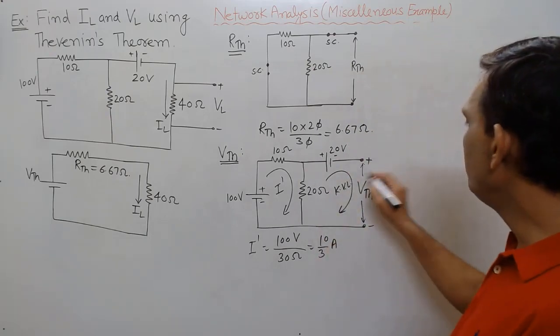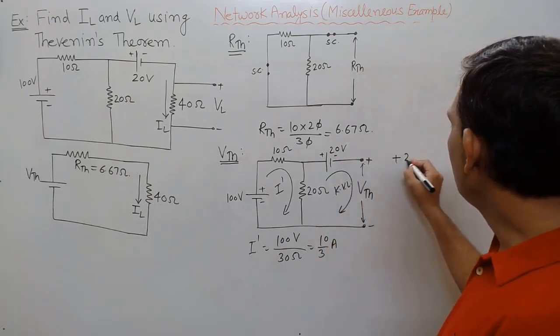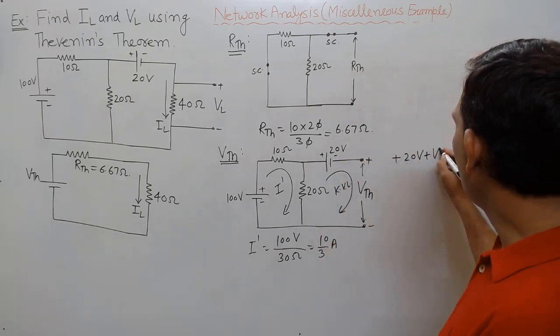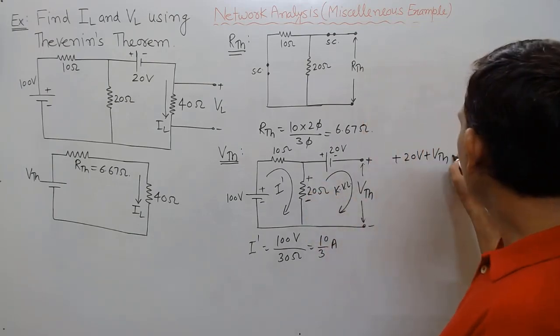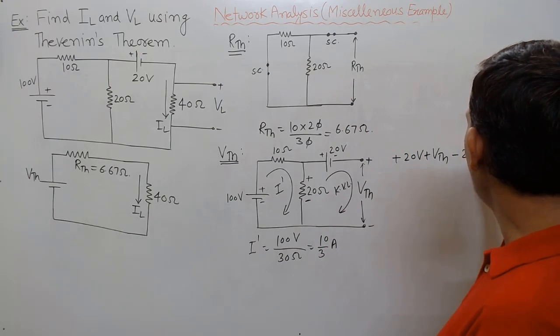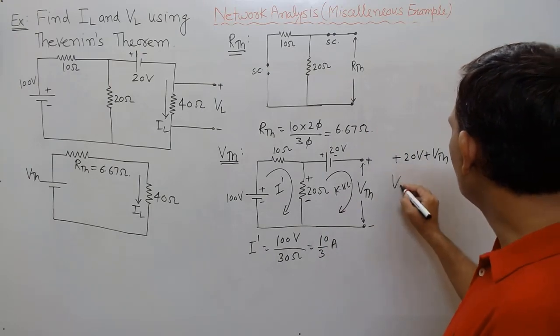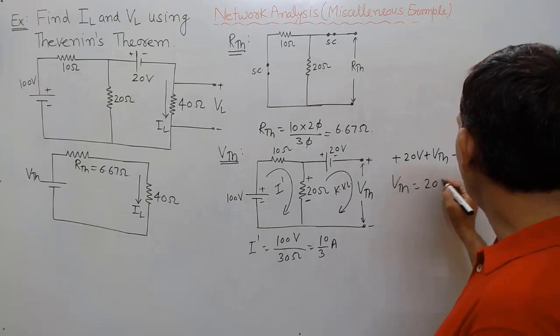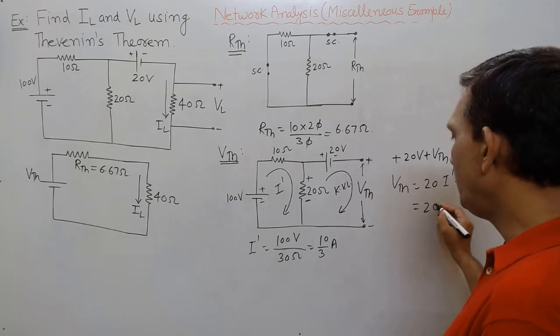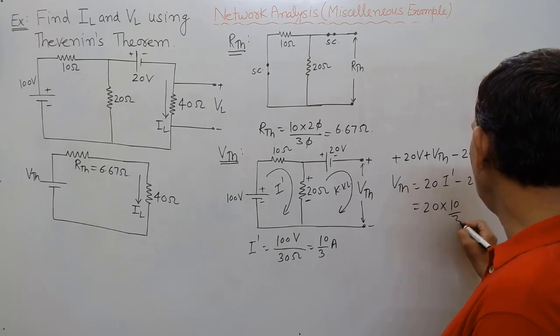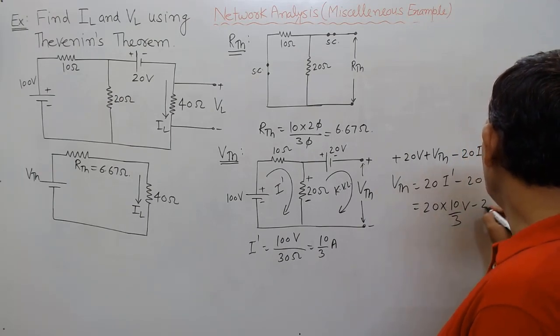So if we apply KVL, you can take it as plus 20 volt plus VTH. So this polarity will be plus minus. So that is minus 20 I dash is equal to 0. So VTH is 20 I dash minus 20 volt. So this will be 20 into 10 by 3 volt minus 20 volt.